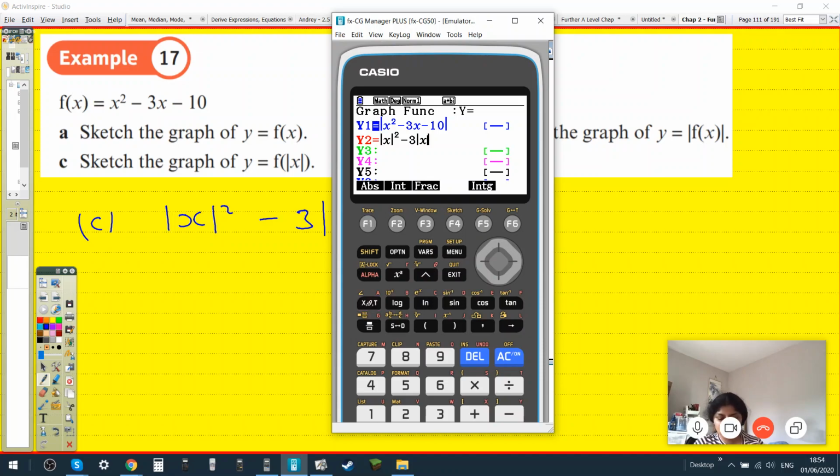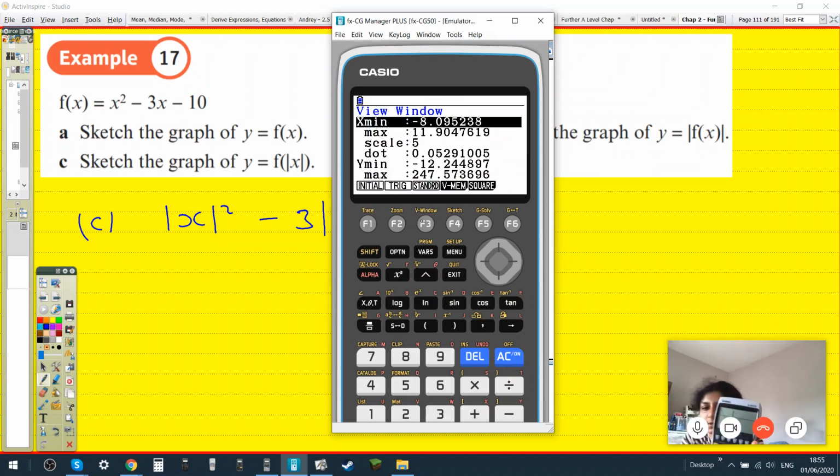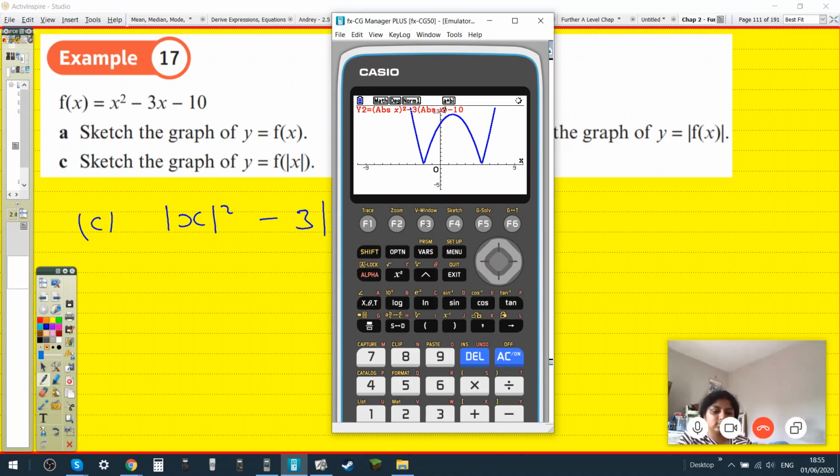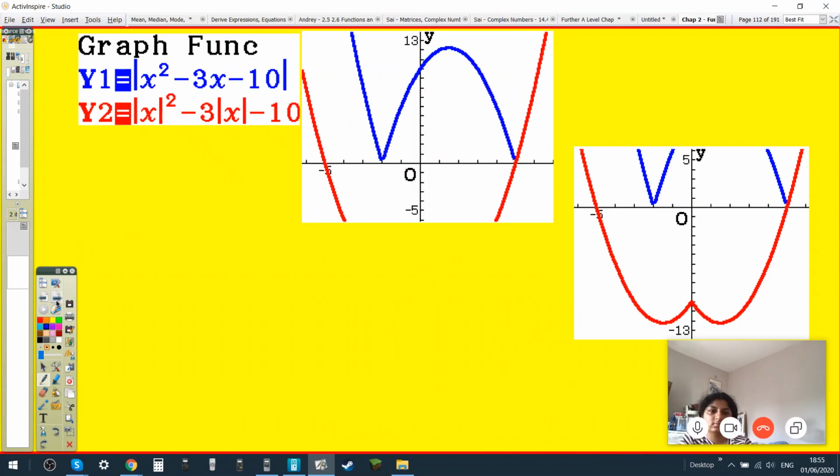It's kind of like a quadratic, though. Half quadratic, ish. Let's look. Shift, zoom, let's try auto. Oh, it's not half a quadratic. It has a weird shape like this. Shift, view window, standard. Yep, that's it. And I describe the shape. So the first one is something like that, and the second one looks like that. Yep, that's good. There they are.